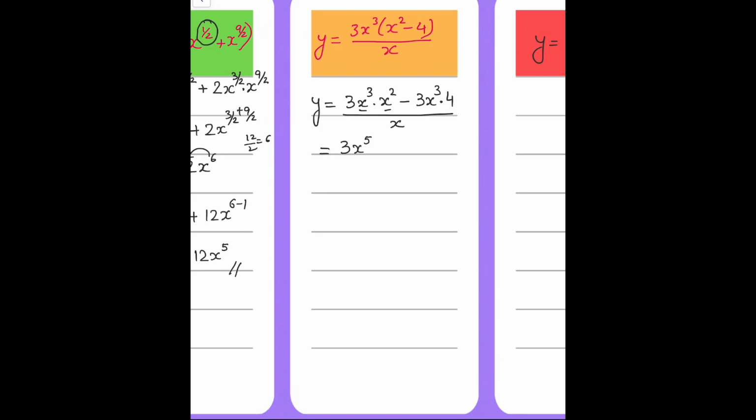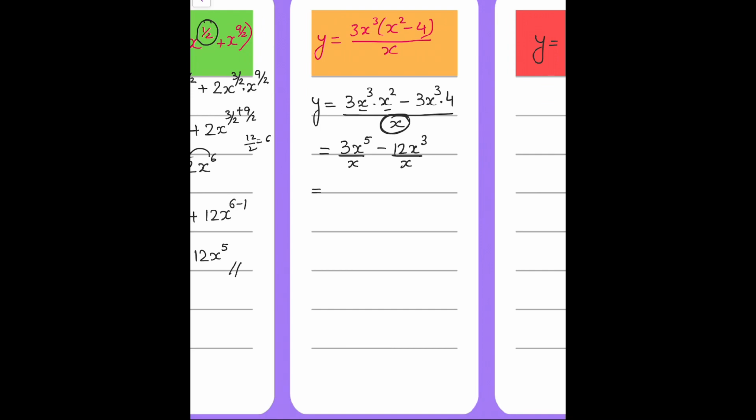3x to the power of 5, and minus 3 times 4 is 12, x to the power of 3, and because we have one x in the denominator, we can put it under both terms, so we are splitting the fraction, right?